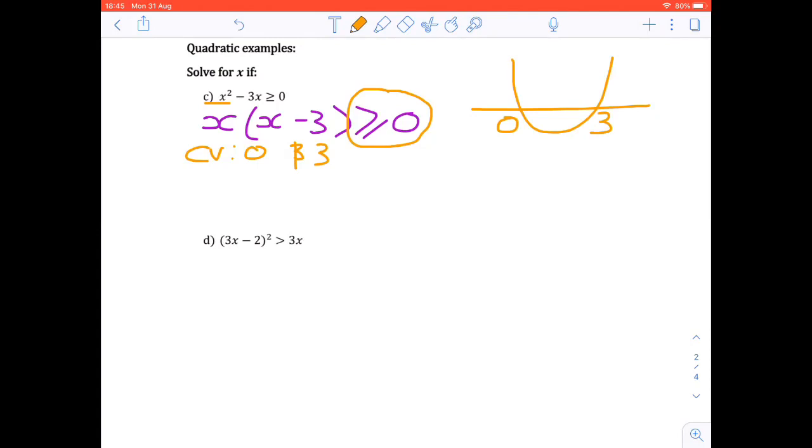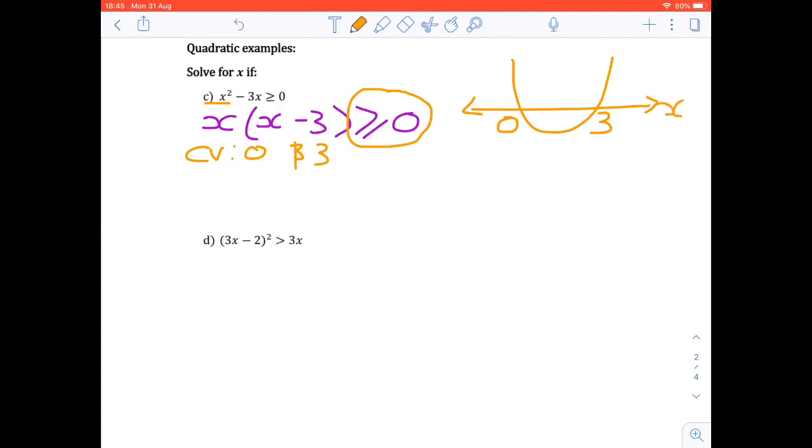So if this is our x-axis line, and now we're talking in terms of the y-axis, we're saying where is the parabola above the point 0 on the y-axis? So it would be everything above this x line that we've drawn. Oh, sorry, this is actually a y line, the x-axis.